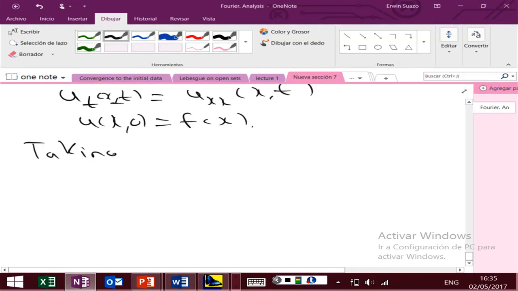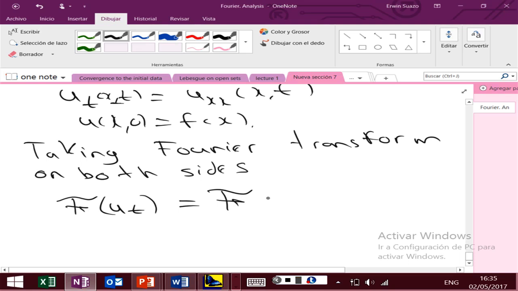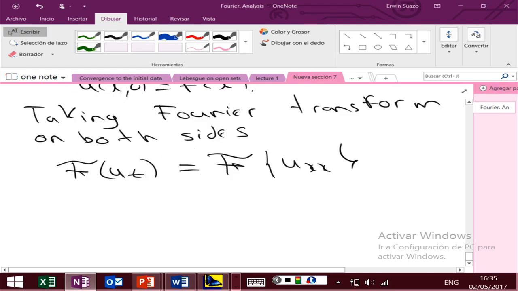So, taking the Fourier transform on both sides. We take the Fourier transform of u_t, and then the Fourier transform of u_xx. I should say the Fourier transform with respect to x, so we are integrating with respect to x.